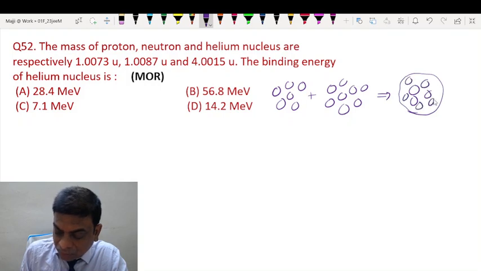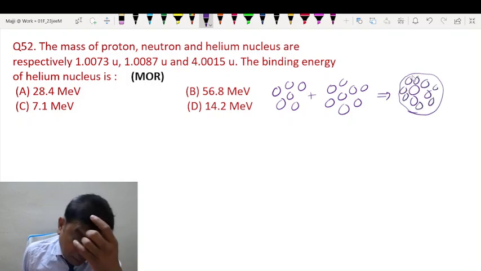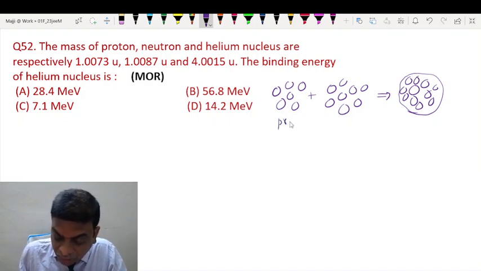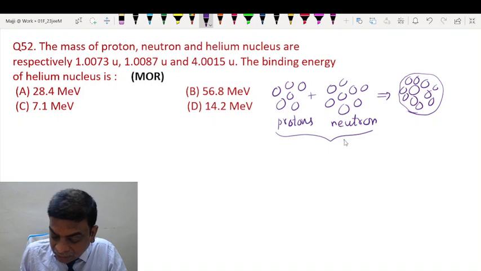If we consider the individual masses of protons and neutrons, then it will be found that this mass is greater than the mass of the nucleus.